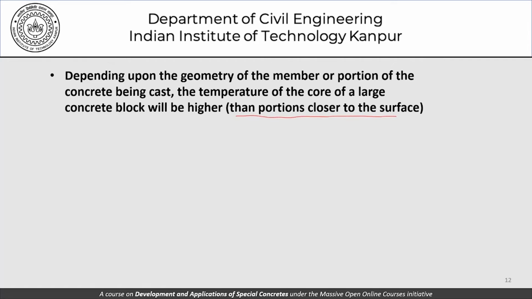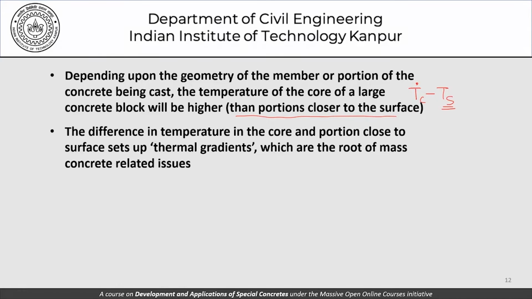This is what I was telling you earlier, Tc minus Ts. This Ts is the temperature at the surface and Tc is the temperature at the core of the concrete block. The difference in temperatures in the core and the portions close to the surface sets up thermal gradients, which is at the root of the mass concrete related issues.